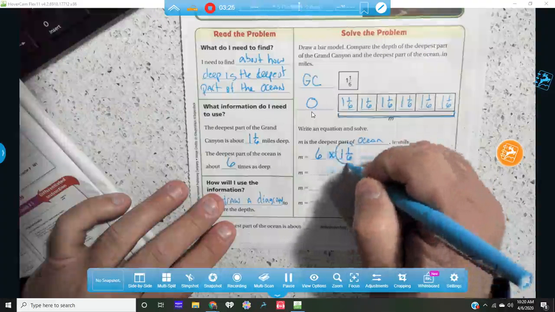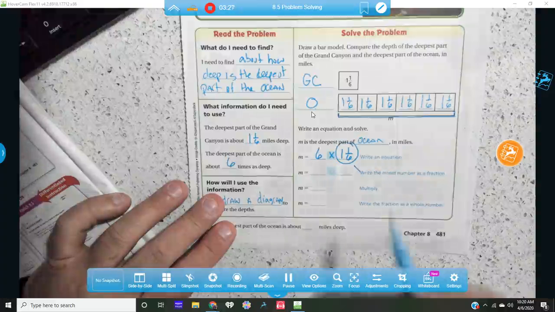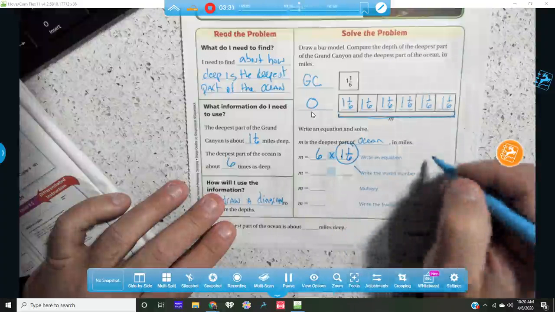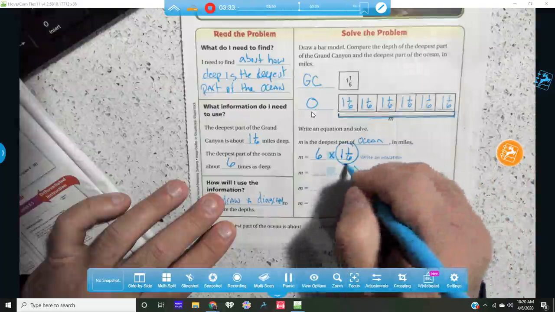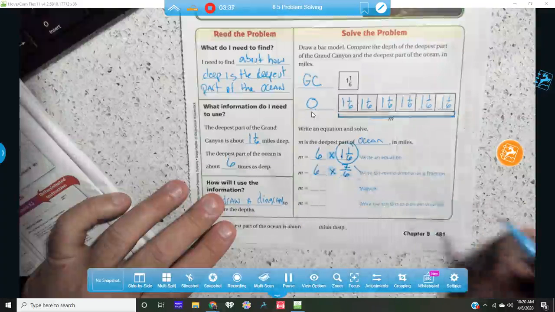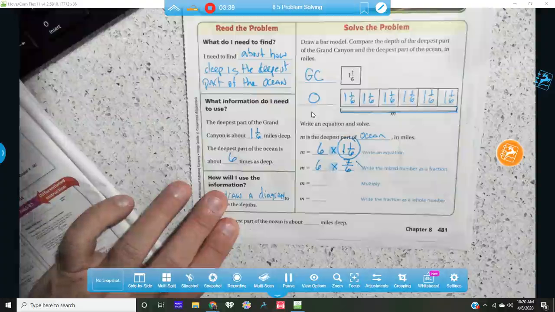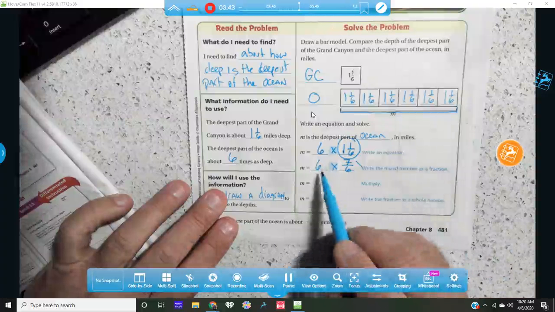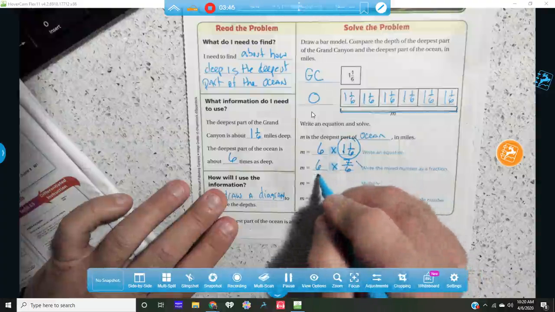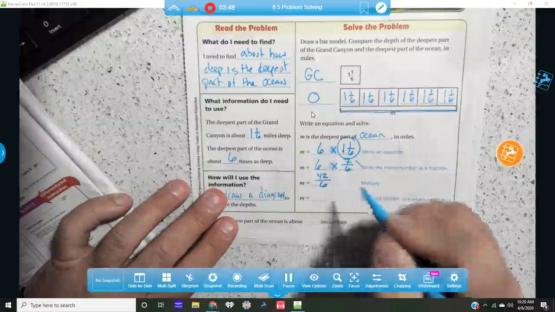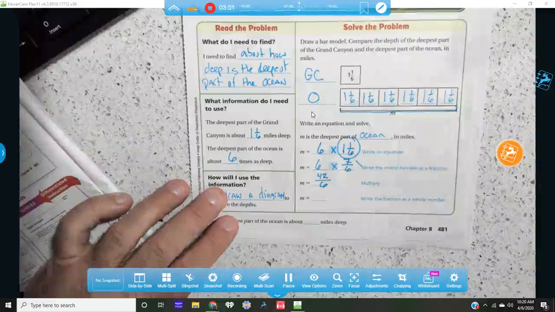Now, we need to write the mixed number as a fraction. That's this one right here. So, 6 times 1 is 6, plus 1 is 7/6. So, 6 times 7/6 is what we are looking for. We've learned this. 6 times 7 is 42. Our bottom number stays the same. So we have 42/6.